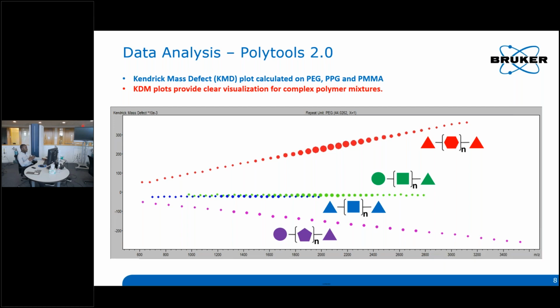It's the same software, same feature that they use for the analysis of petroleum crude oil samples, for example, which could have thousands and thousands of components in a very small mass range that are related and just have small differences, such as different nitrogen content, different oxygen contents, different end groups, and things like that.